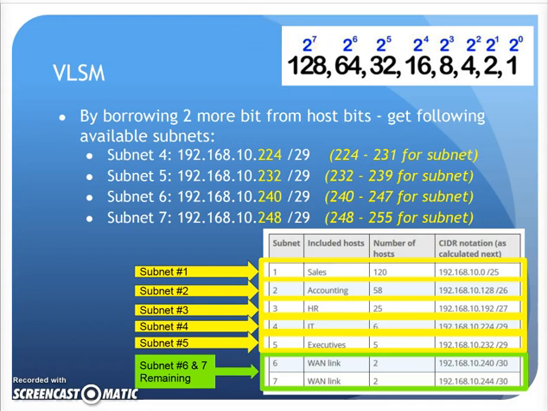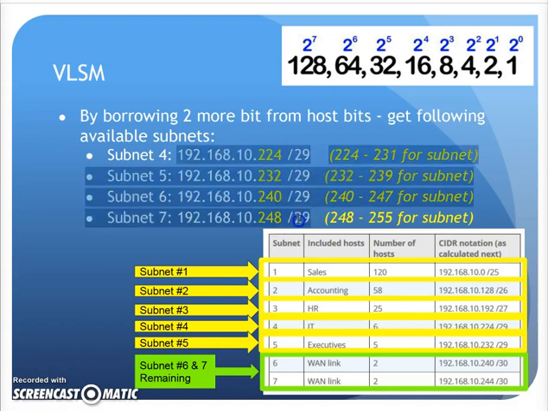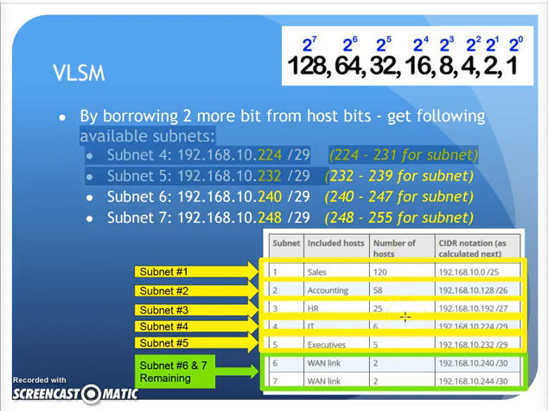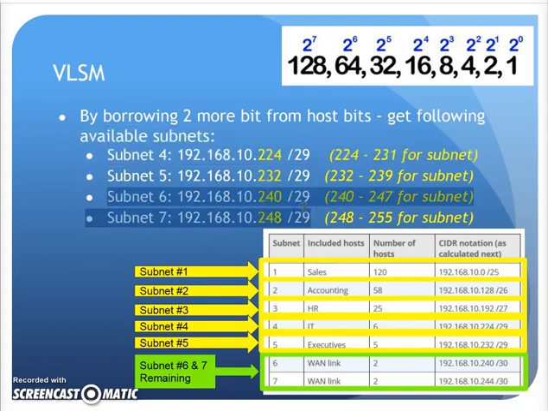And those 8s, as I see here, 224, 232, 240, 248, going up by 8s, I now have 4 pieces of 8. So this takes care of 4 and 5 right here, because those were just shy of 8. These 2 subnets are going to get used for them at a /29. These 2 last subnets, the 6 and 7, we're going to hold on to.